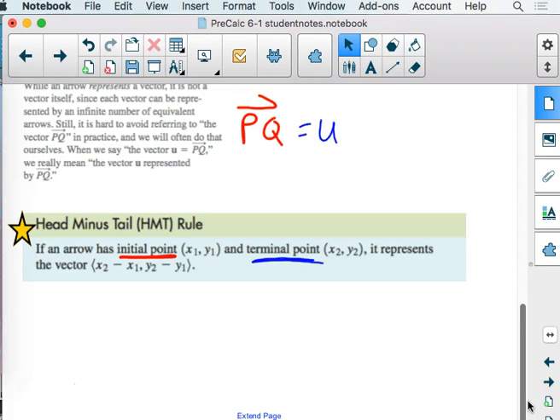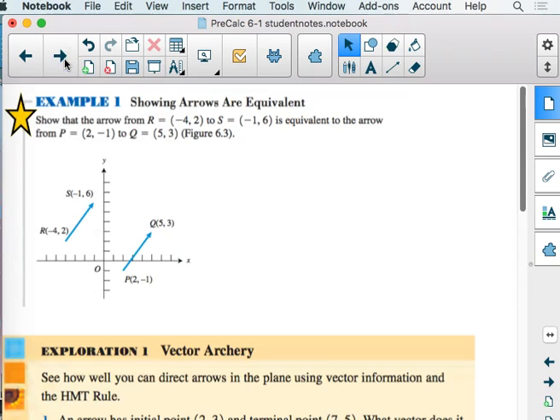So terminal minus initial. How are you going to know from a drawing? The terminal one has the arrow. So that's the one you use first, and you subtract the other one, the one that's just a dot or the end. So that doesn't sound too bad. That's not very bad math. Subtraction, I think we can do that.